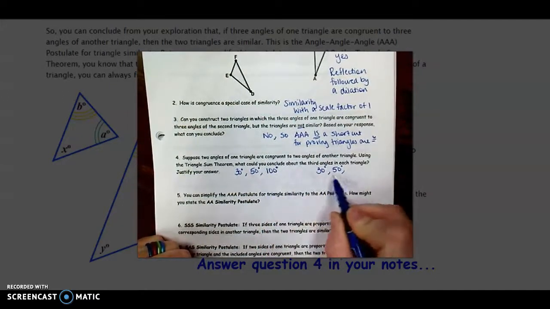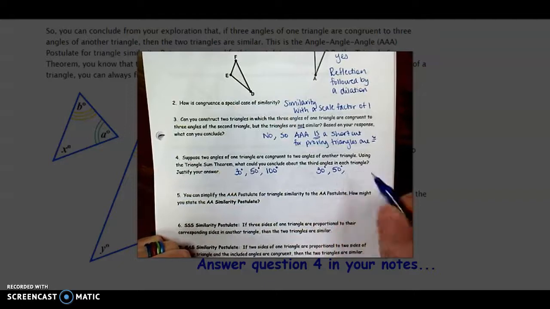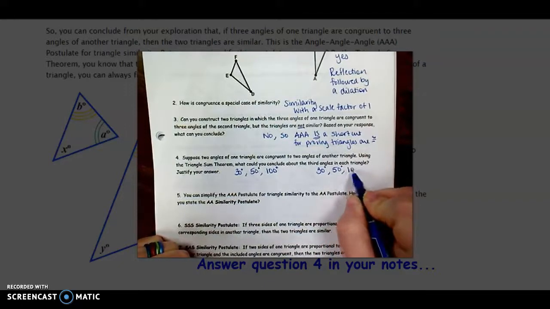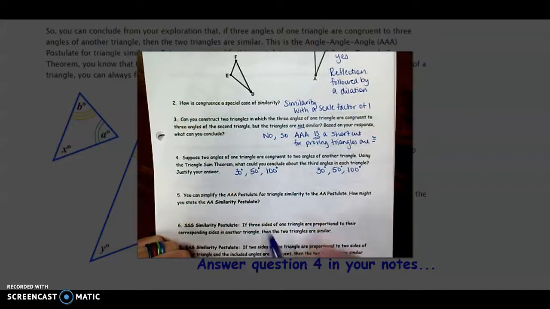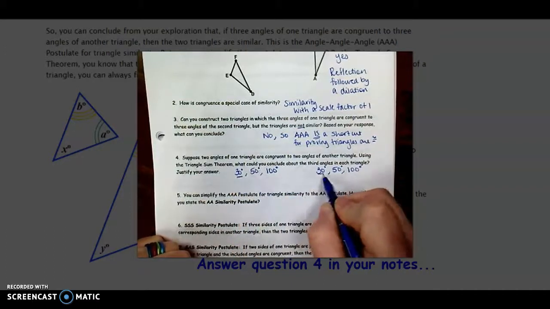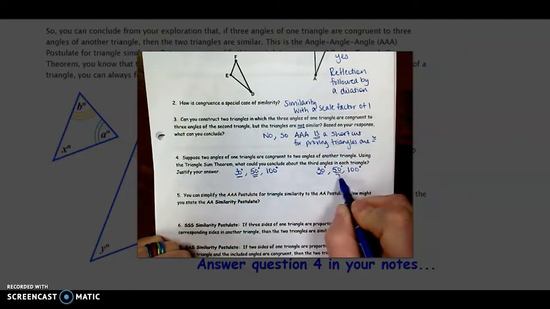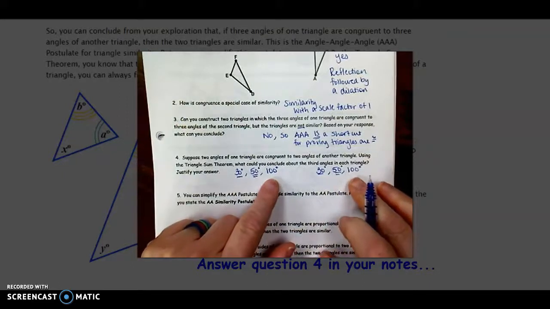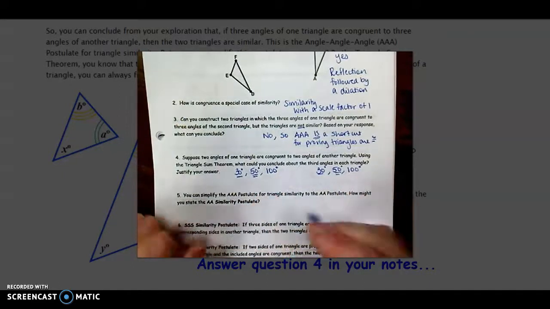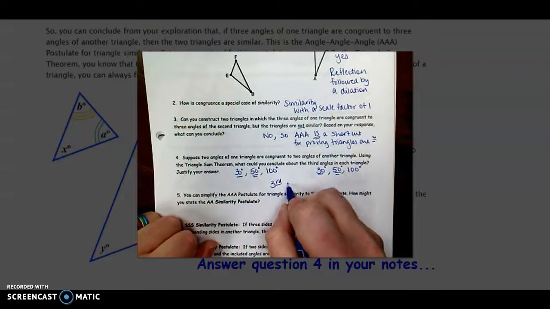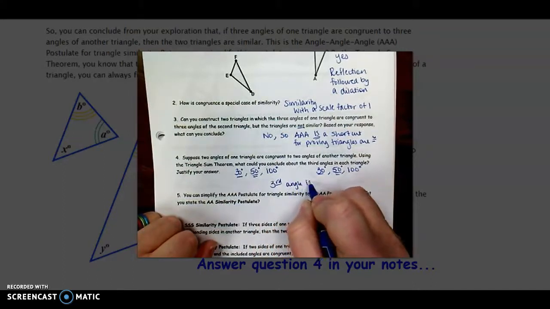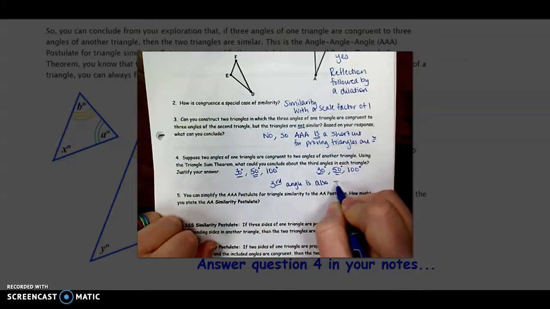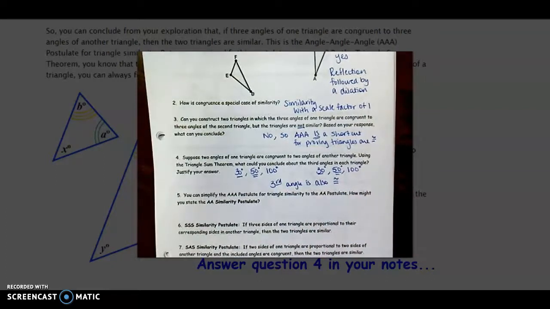Well, same thing here. If I add those, that's 80 degrees. The sum has to be 180, so the third angle has to be 100 degrees. So if you know that 2 angle pairs are congruent, then you would know that the third pair would have to be congruent as well. So the third angle pair is also congruent. If you have 2 pairs congruent, the third pair is also congruent.